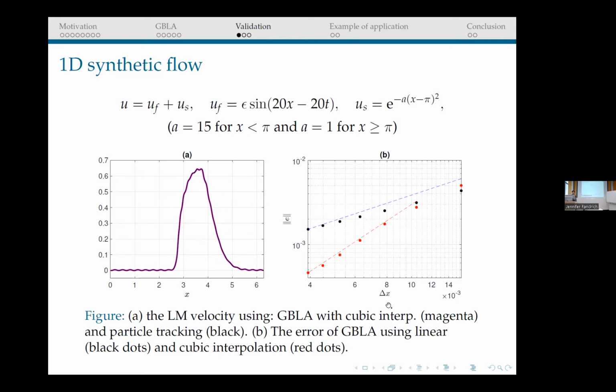And then I also tried to see if my method converges. So I used very, very high resolution particle tracking as the truth, and then looked at my algorithm with linear and cubic interpolation. The red one is the cubic interpolation, and the black one is linear interpolation. Both are converging.